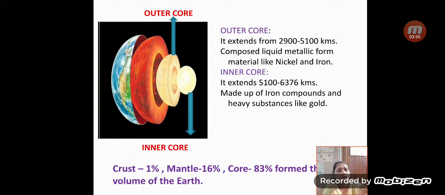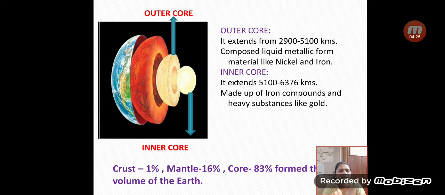When we go to the inner core, it is a solid core. It extends from 5,100 kilometers to 6,376 kilometers. It is made up of iron compounds, heavy substances like gold.